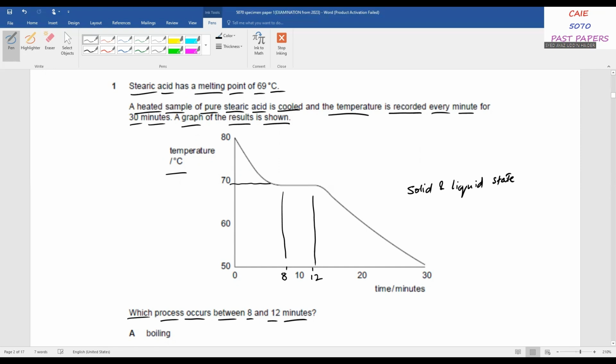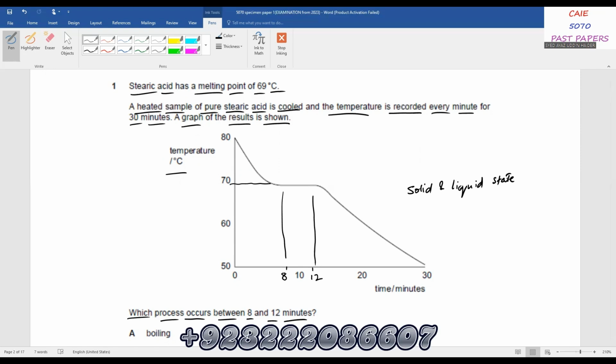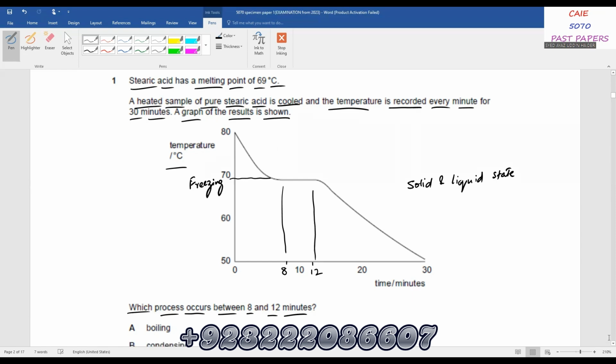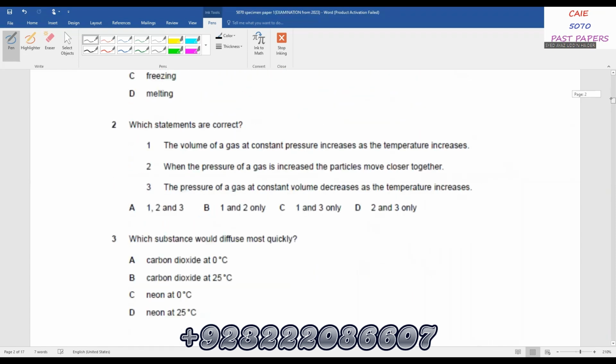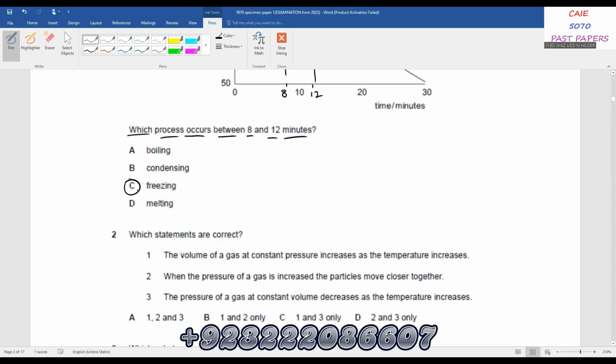And it's written in the question that a heated sample of stearic acid is cooled. So it means the process should be freezing at this point. So the correct answer for this question will be part C.